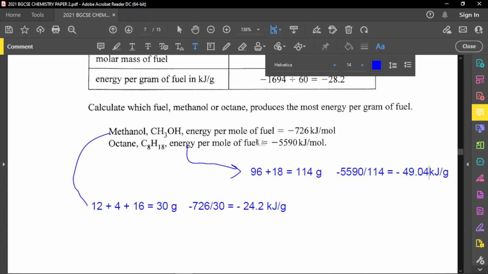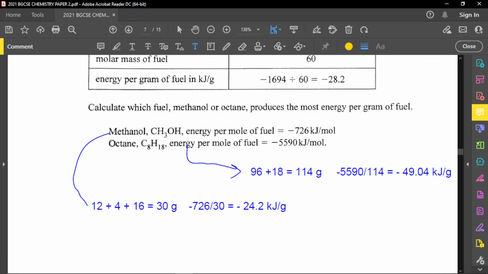So that is our answer there. It said calculate which fuel, methanol or octane, produces the most energy per gram. Based on our calculation, octane is the answer. So you're going to make a note that octane will produce the most energy per gram.